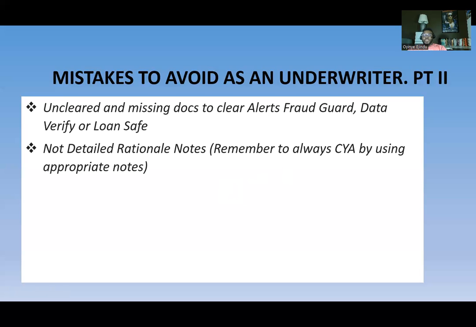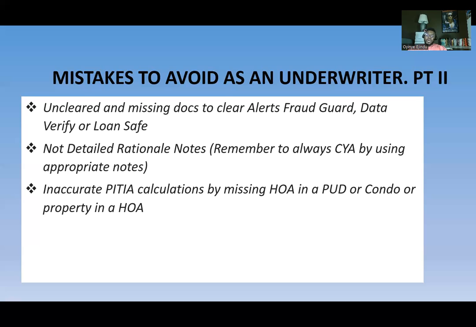So CYA, cover your assets, by using the appropriate notes to talk about what you saw, the things you found, the red flags that you saw, the reason why you found these red flags, and then most importantly, what you did to address those red flags. You address these things by making sure you have detailed rationale notes. Again, not having detailed rationale notes is one of the biggest mistakes I see a lot of underwriters make.